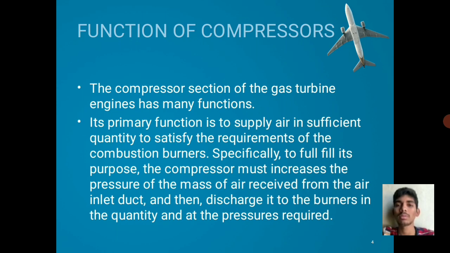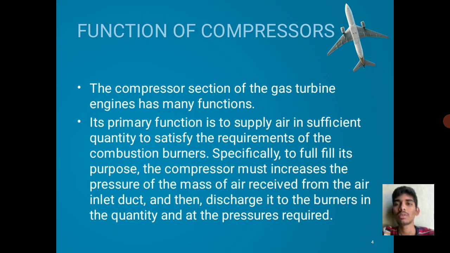Its primary function is to supply air in sufficient quantity to satisfy the requirements of the combustion burner. To fulfill its purpose, the compressor must increase the pressure of the mass of air received from the air inlet duct and then discharge it to the burner in the quantity and pressure required.